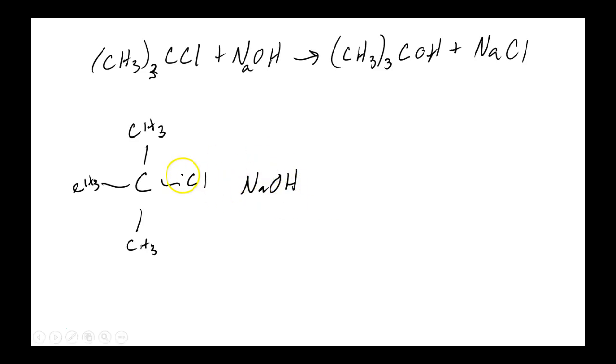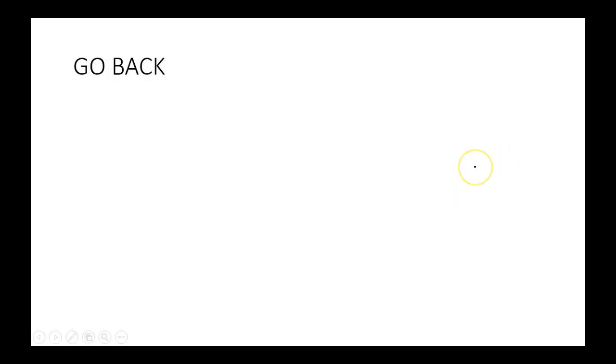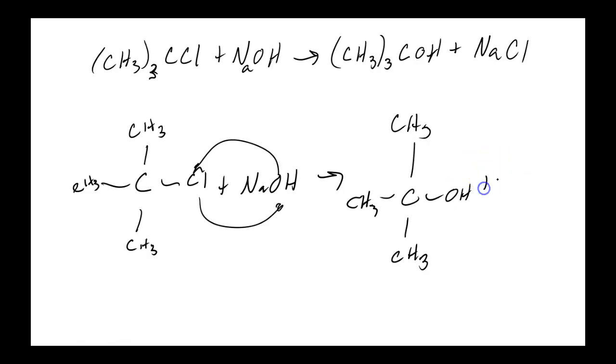Of course, that ionizes in solution, and the OH replaces the chlorine, and the chlorine replaces the OH, and that then gives you CH3, CH3, CH3. Now it's an OH here. That makes it an alcohol, T-butyl alcohol. And your result is sodium chloride, NaCl, which is a salt. So that's exactly what's going on here.